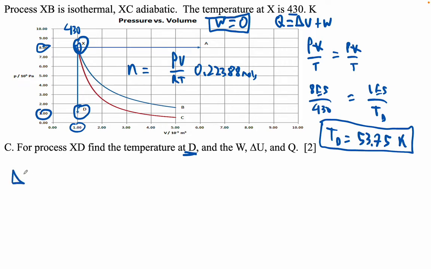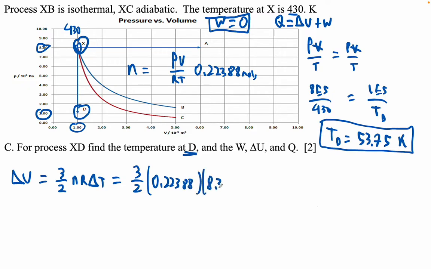Okay, so delta U is equal to 3/2 nR delta T. So that's going to be 3/2, the moles that we just figured out, 0.22388 times 8.31. And then our change in temperature is final minus initial, so 53.75 minus 430.